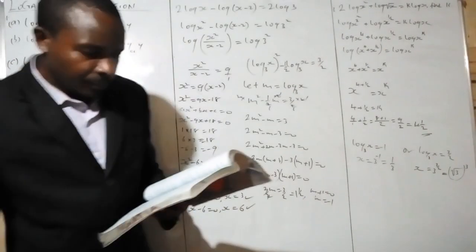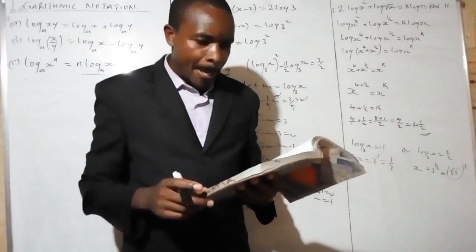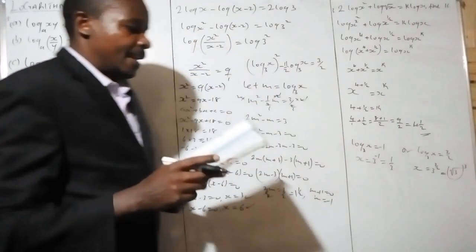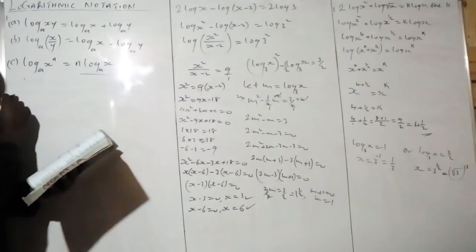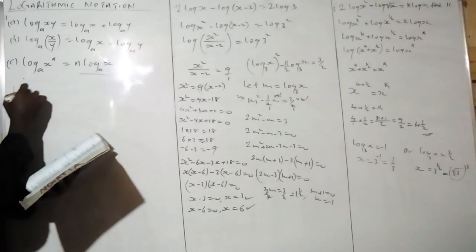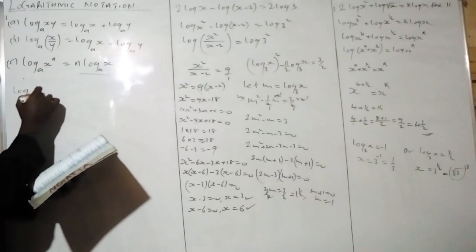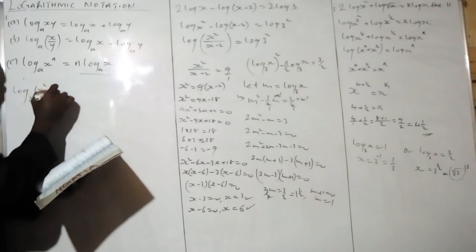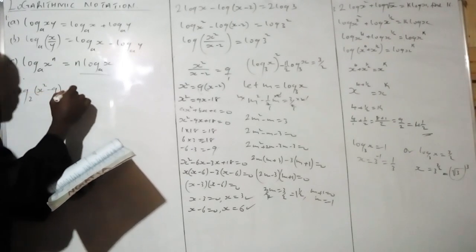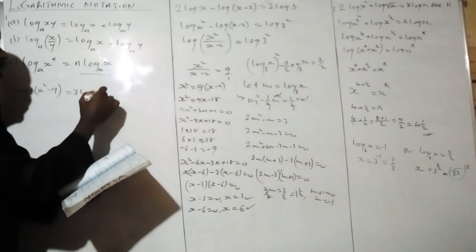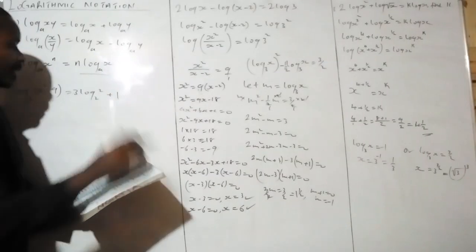Next, you are given log to base 2 of x squared minus 9 is equal to 3 log to base 2 plus 1. So this is what we are solving.